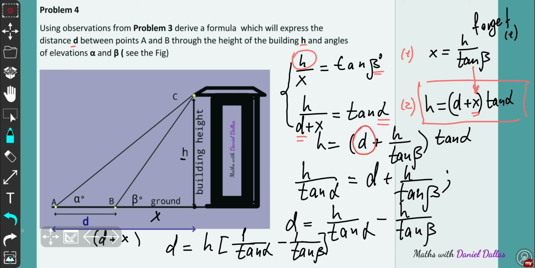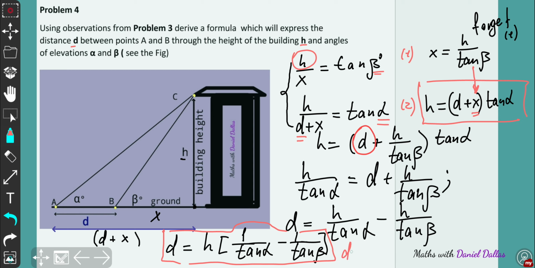So we've got the formula. So anyway, we expressed that, and that was the solution for problem 3 that we had before. And the last formula, so D is expressed down here.